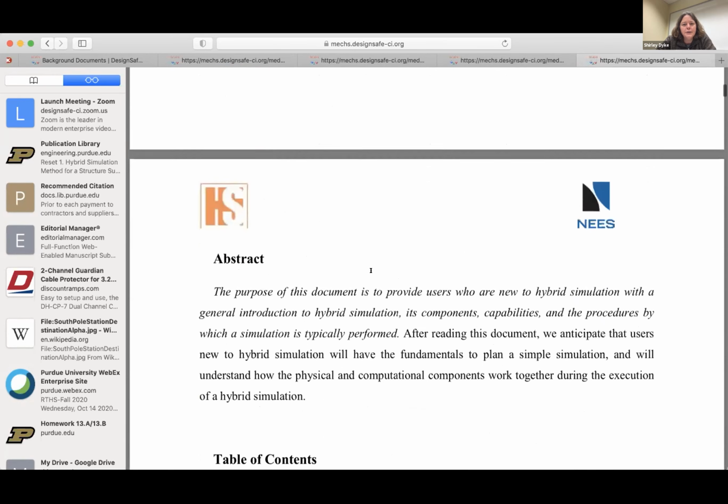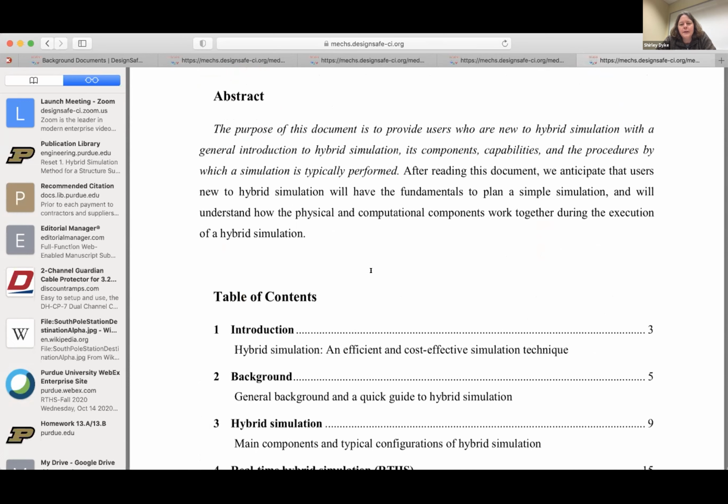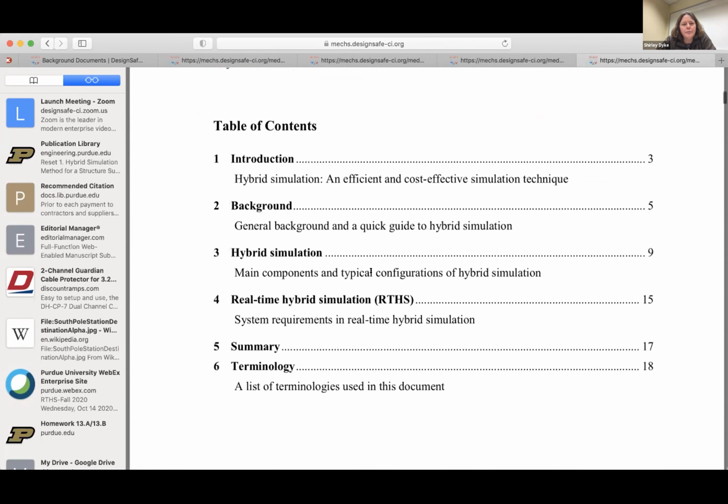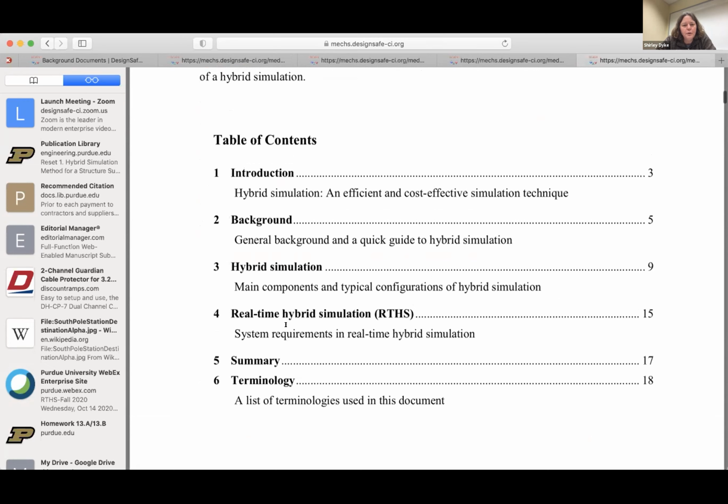It has a very nice overview that is not really domain specific and not method specific, but it's meant to be a nice summary of different components, what we call them, what their role is, how you do this. I remember when I was starting to build a laboratory for real-time hybrid simulation, I thought, how do I know that I buy the right stuff, that it all fits together?